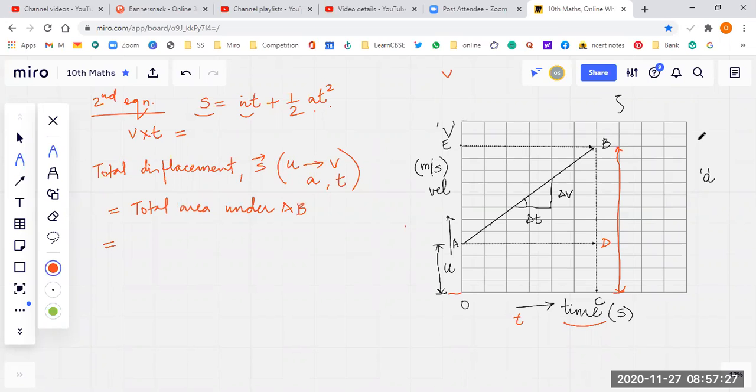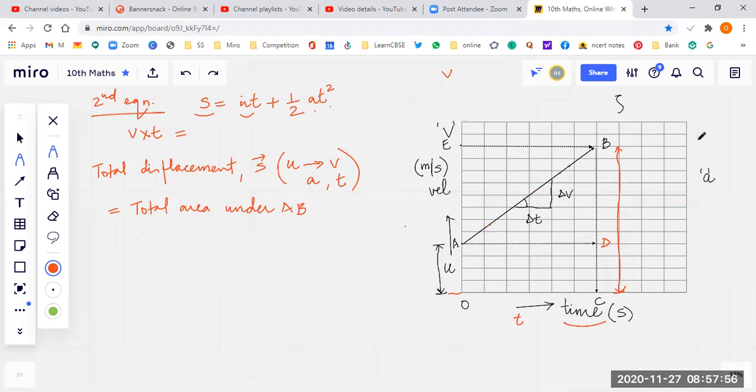So see A, B, C, O. This area. So this area is equal to area of triangle ABD and area of rectangle ADCO. Am I right?